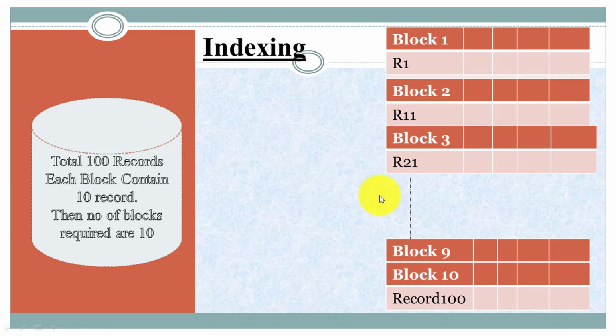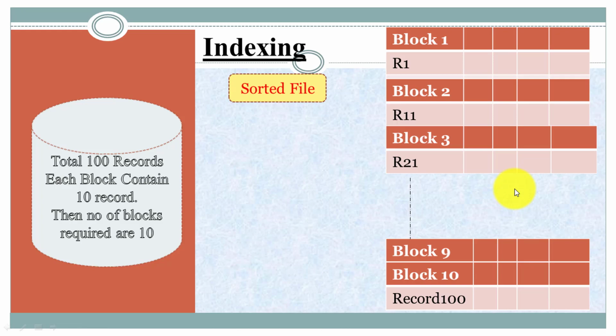One more thing: as we understood in the previous video, there are sorted files and unsorted files, so this file may be in sorted or unsorted form. Let's understand the comparison between these two. This is the main data file, and suppose it is the sorted file, so you can search records sequentially from record 1 to record 100.